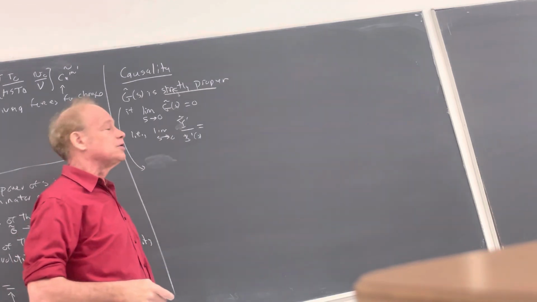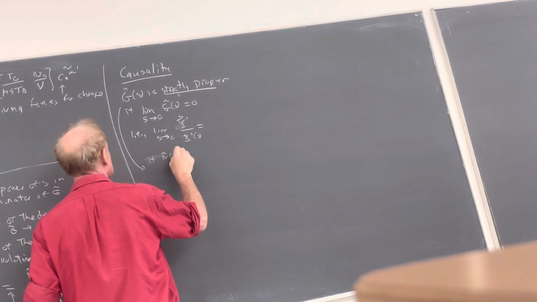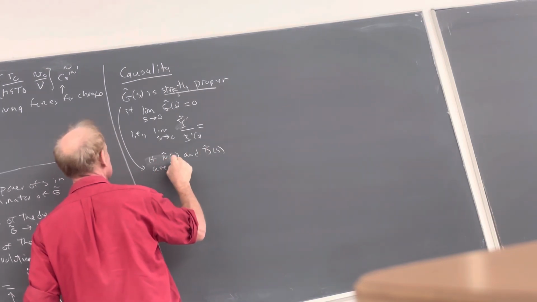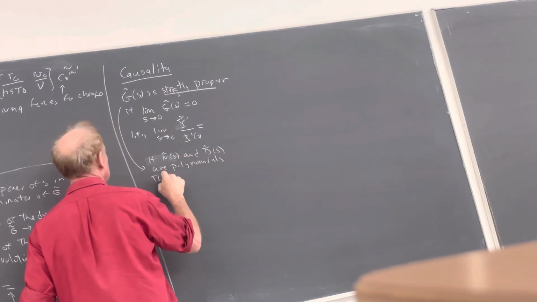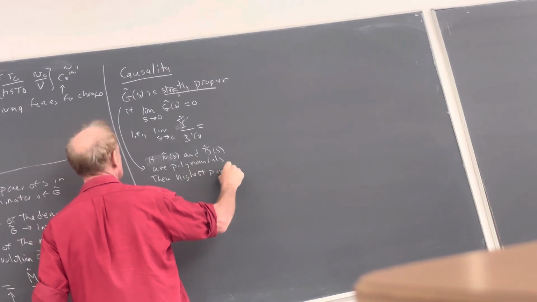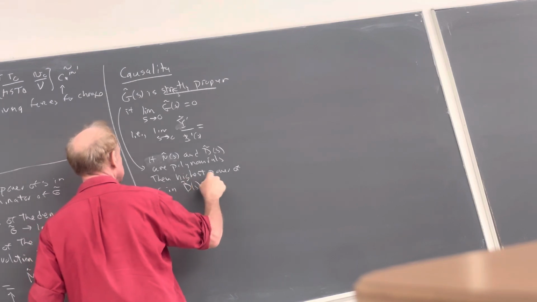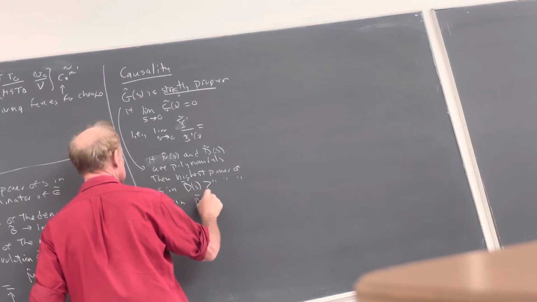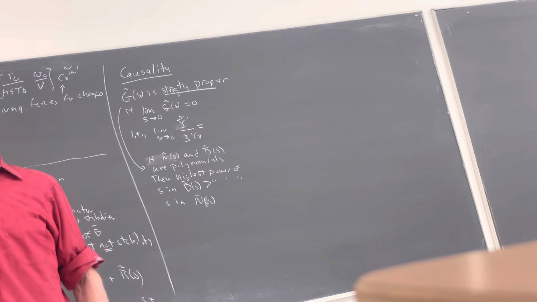If N tilde of S and D tilde of S are polynomials, then the highest power of S in D tilde of S must be bigger than the highest power of S in N tilde of S. That's necessary and sufficient.